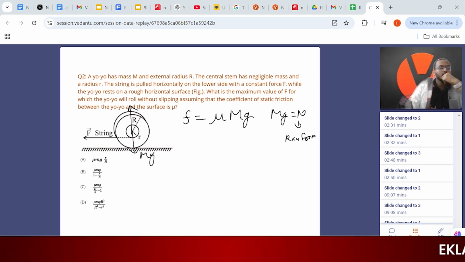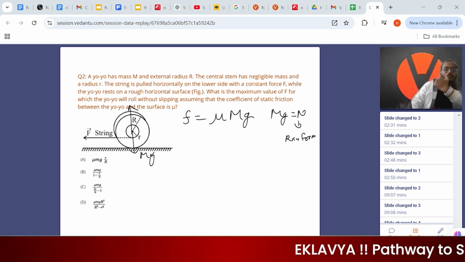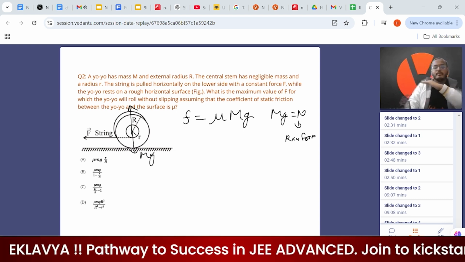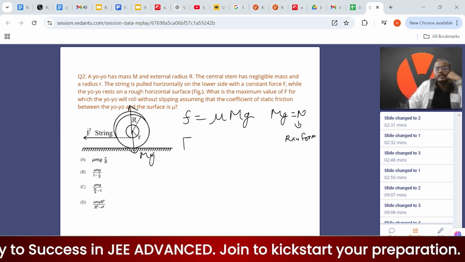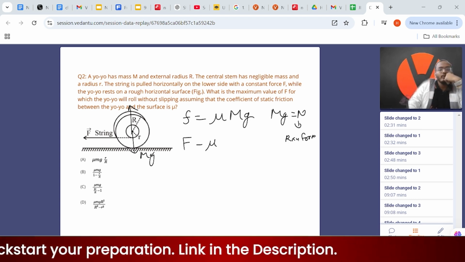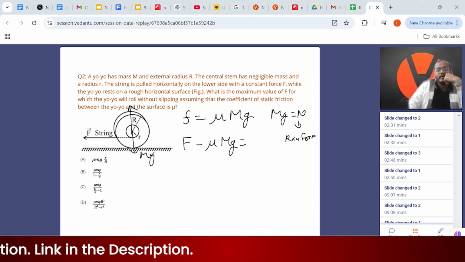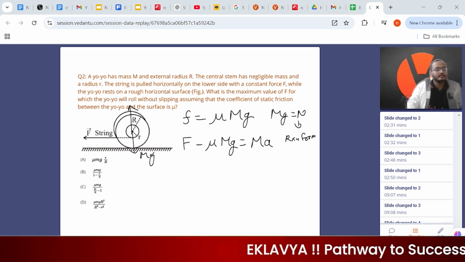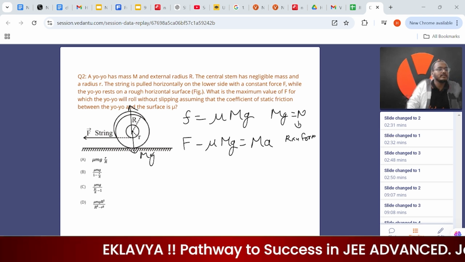So let's suppose force is here and friction is here, right? So according to this, we can write the equation as F minus mu mg equals simply m into acceleration, right? It will be equal to m into acceleration.